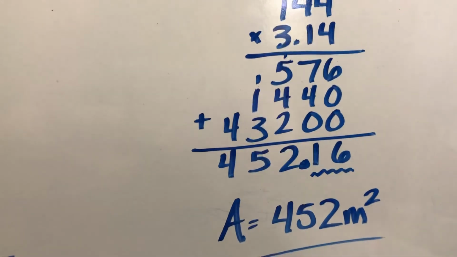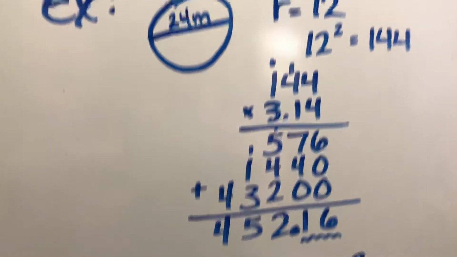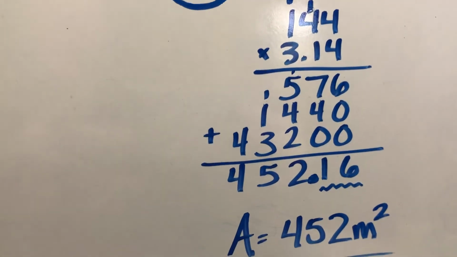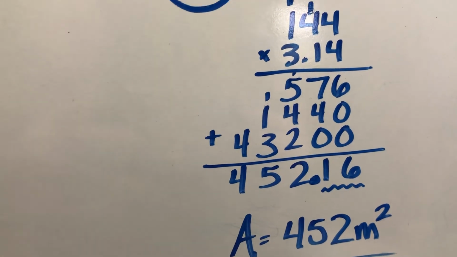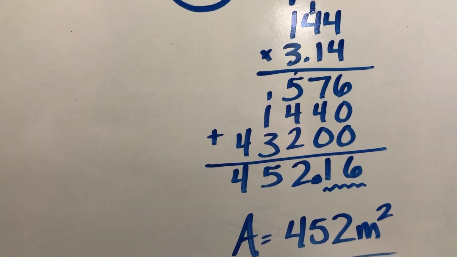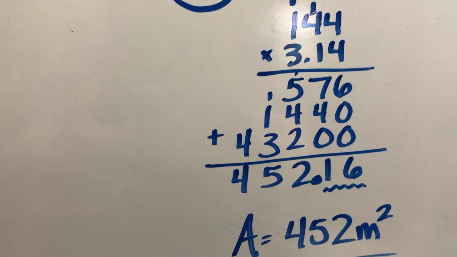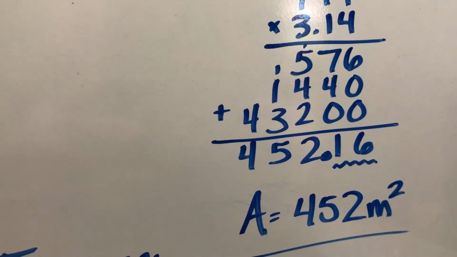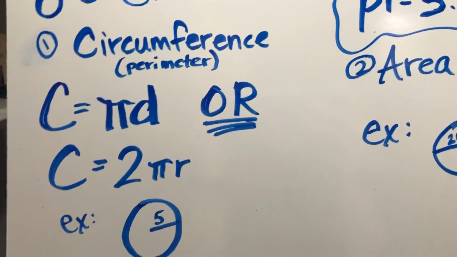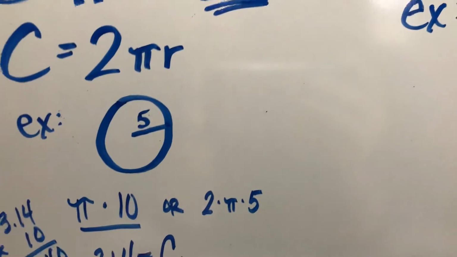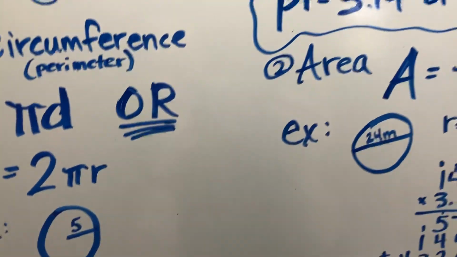So the area of this example circle is 452 meters squared, because every label in area is squared, no matter what your shape is: parallelogram, rhombus, trapezoid, triangle, square, whatever it is, it's always going to get squared. You guys have been doing a great job with that. In circumference, because it's like perimeter, it just gets the label, but I didn't put one down for this example circle.